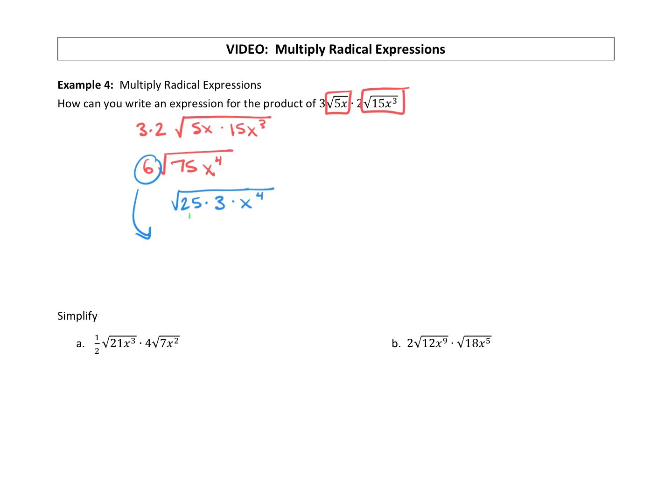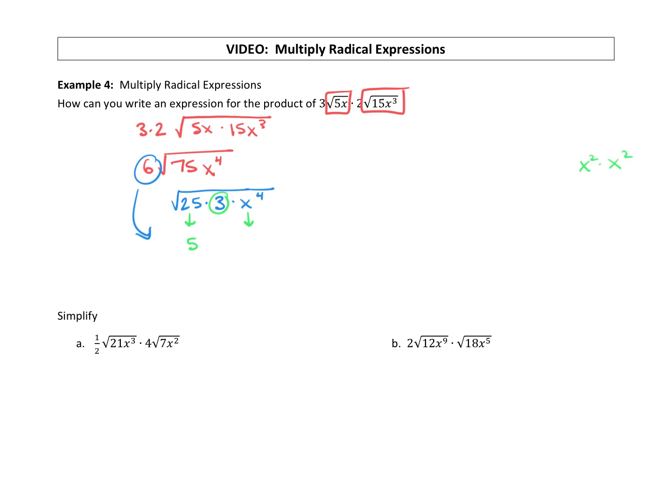All right, so the square root of 25 is 5. The 3 stays. Square root of x to the fourth. So that's an even exponent. We're going to be able to square root this perfectly without any leftover x's. How many x squareds fit into x to the fourth? 2 of them. Here, if we want to see it, remember x squared times x squared.